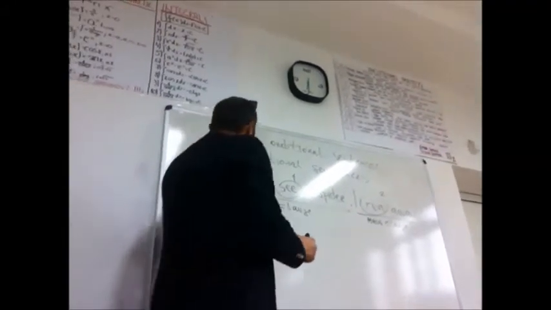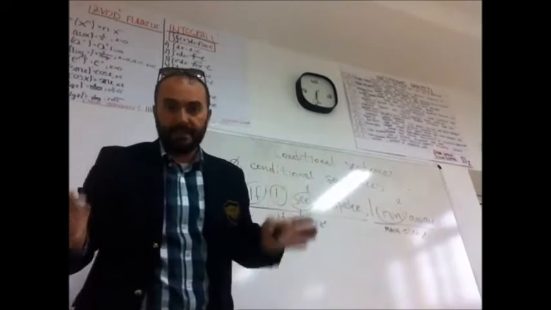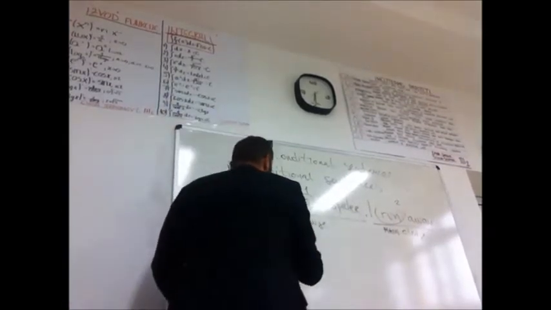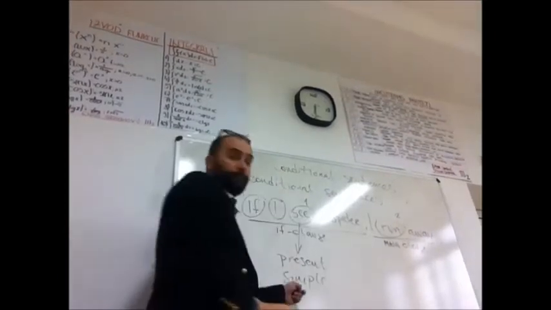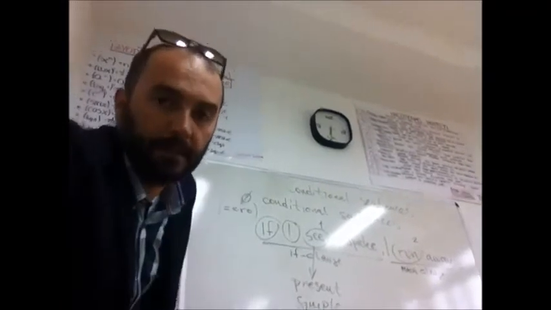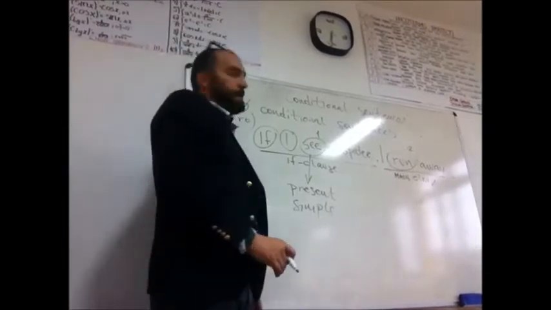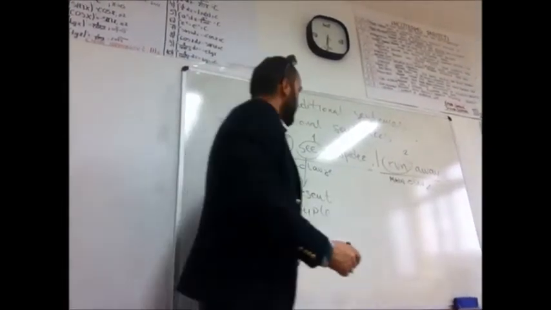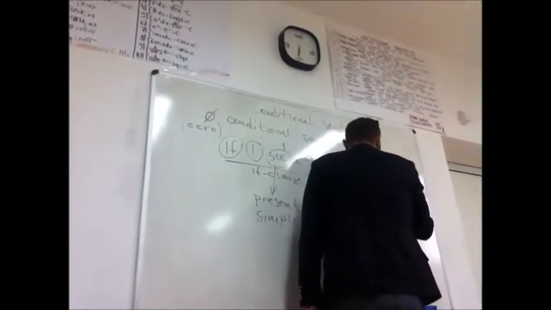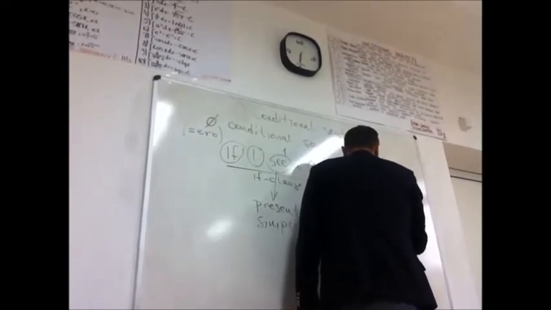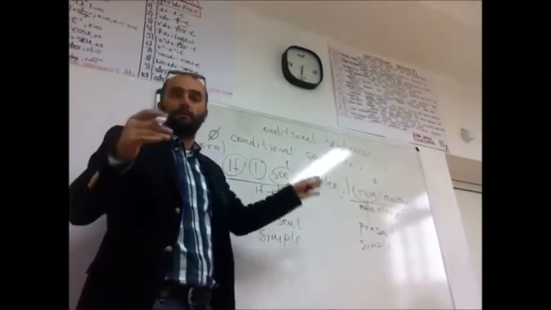In this case, the if clause contains a verb in present simple tense, and this one is also present simple. So, present simple in both of these. Present simple, present simple. It's easy to remember.